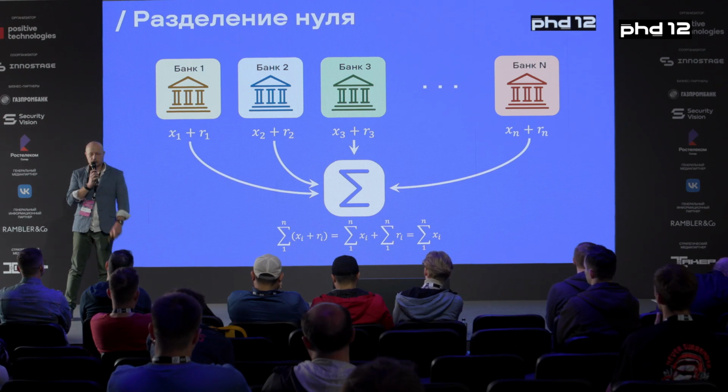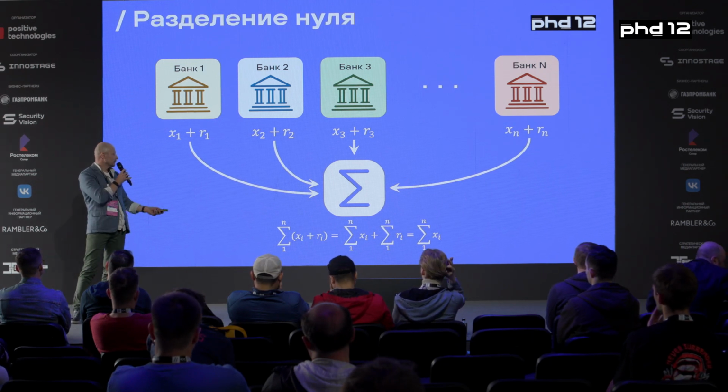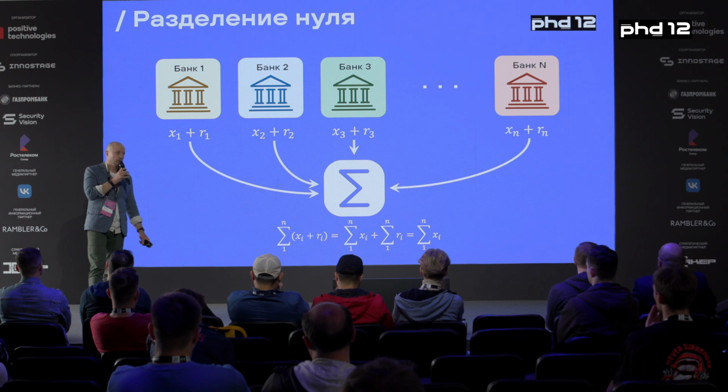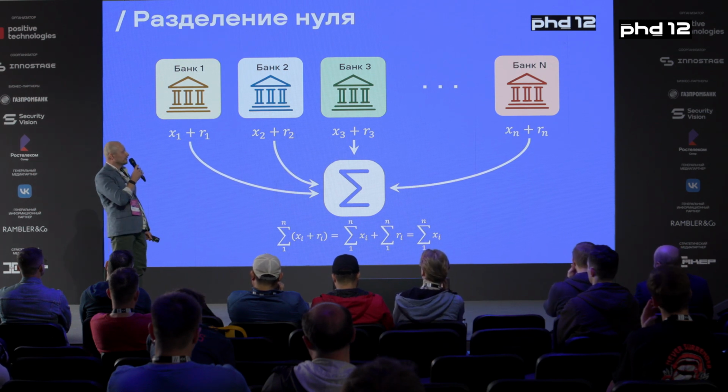Then each and every bank will be able to add the generated number to its own number and get something that will behave like random garbage. You can pass it to everyone, but if we sum these numbers, then we get the sum of the client metrics.